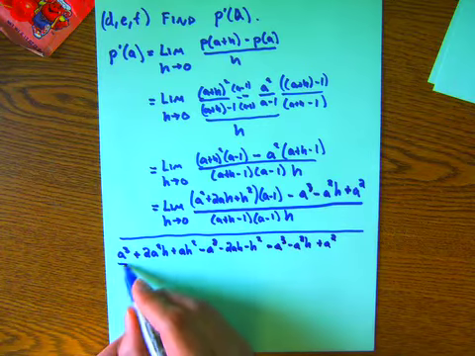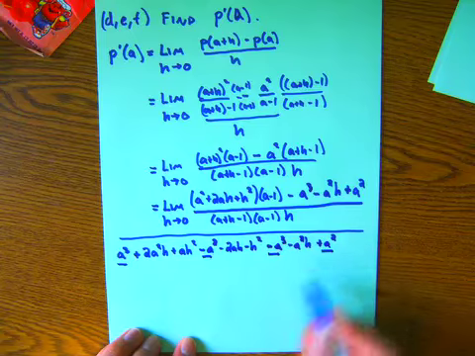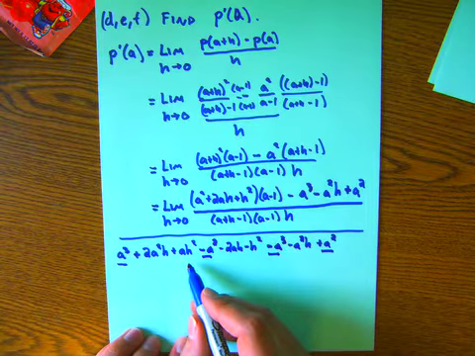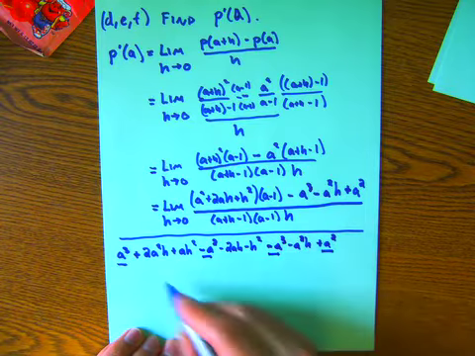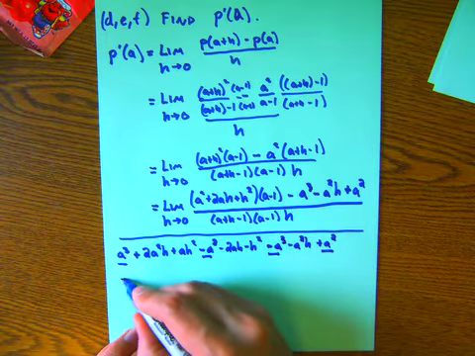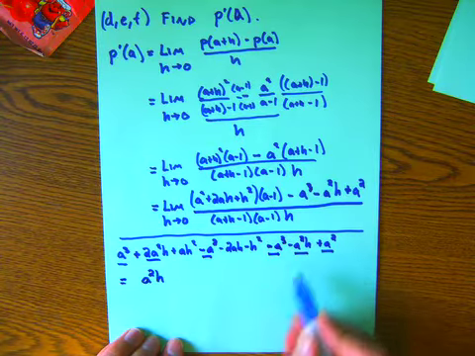So if I look at the a cubes, these are going to cancel. These a squareds are going to cancel. I have an a squared h term minus an a squared h term, so those cancel too.